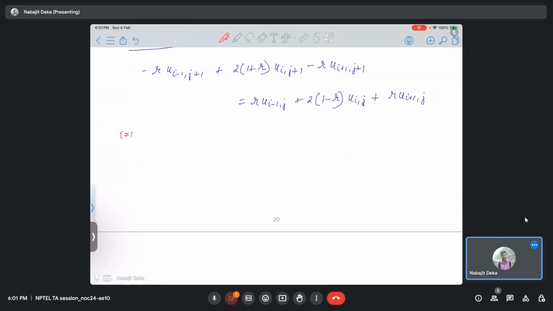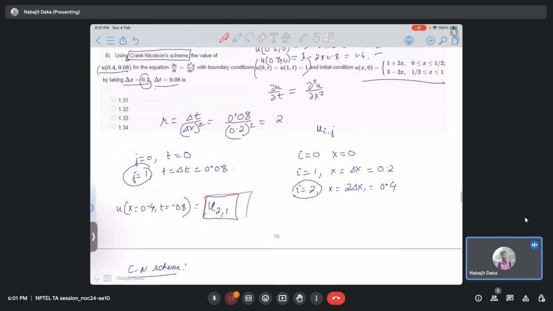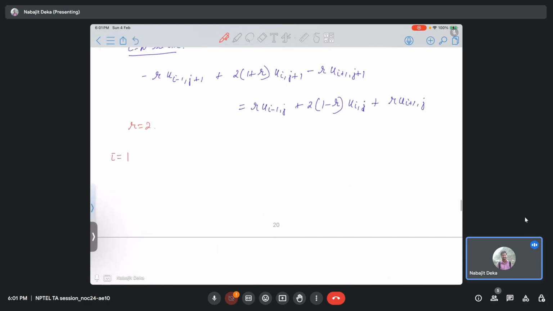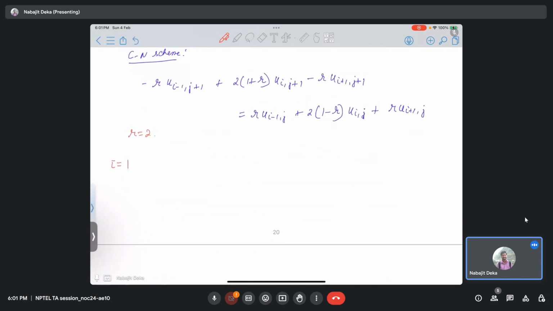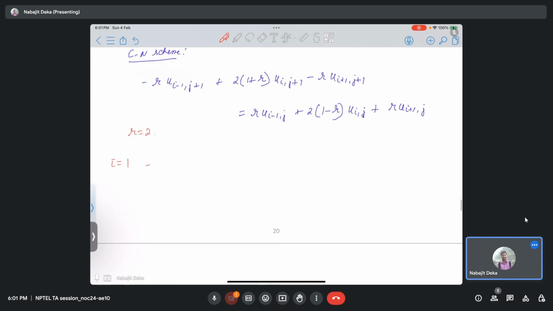So now let's put i equal to 1 here. First of all, let's say r is 2. So now let's put i equal to 1. What we require is u 2 comma 1. So after doing the algebra, what we will have is u 0 comma j plus 1.